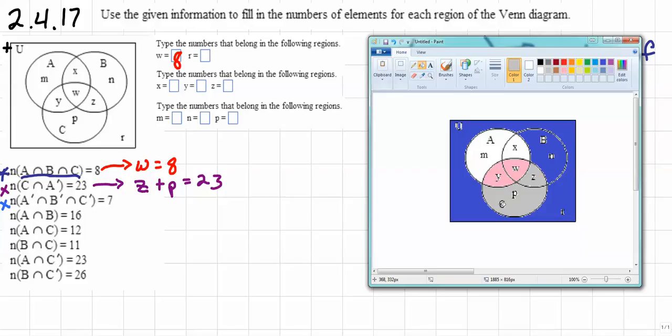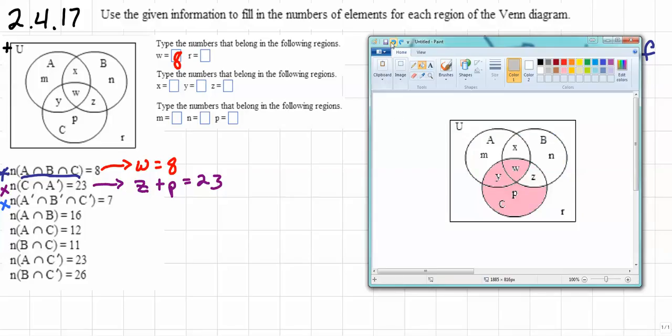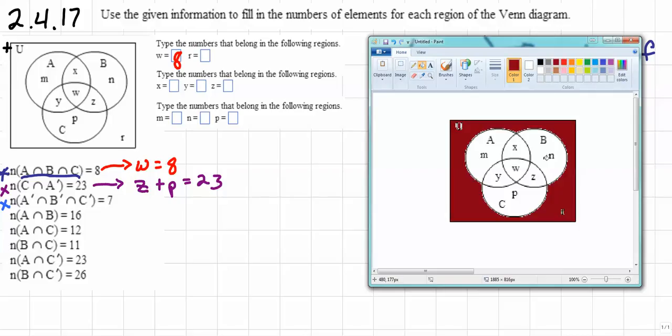Now, where is that? Well, let's go ahead and clear this area, and let's consider A prime, or A complement. A complement is going to be everything that's outside of A, which is going to be all of these. B complement is going to be everything that's outside of B. So let's examine what that looks like.